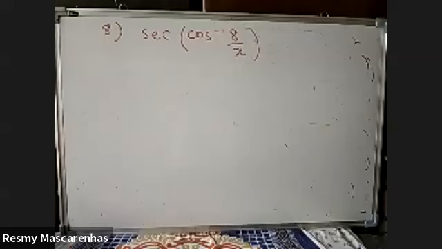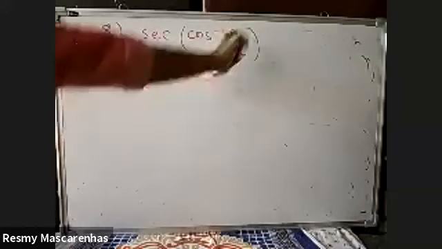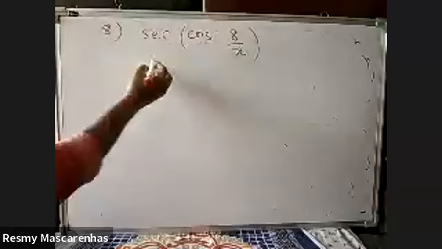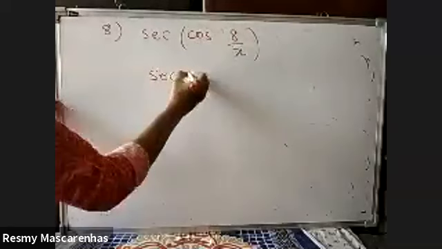Oh, one option is triangle, or one more option is there. We have to shift the x. You can make it reverse, because x is in the denominator over here. So whenever x is in the denominator, you can always reverse. When you reverse it, it will become sec inverse.